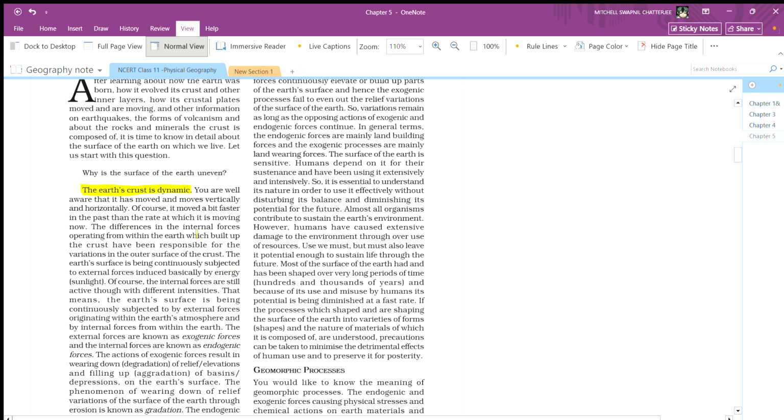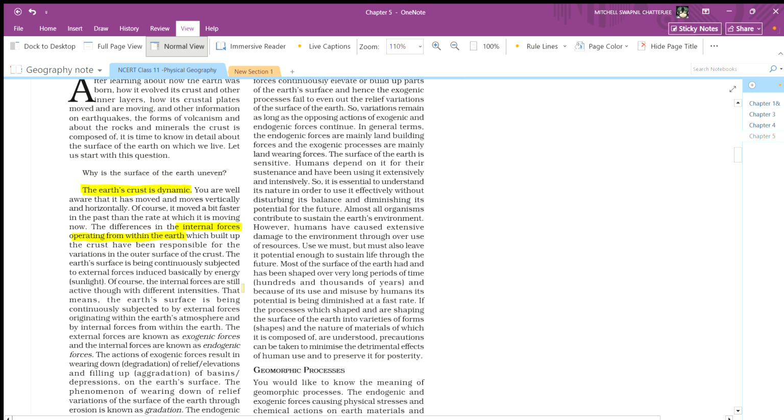So what is responsible for the outer layer? It's the internal force, which is called endogenic, which comes from the inside, operating from the Earth, which builds up the crust and has been responsible for the variation in the outer surface of the crust. The Earth's surface is also continuously subjected to external forces, basically driven by the energy of sunlight. That is the main external force. Of course, the internal force is still active, though with different intensities.